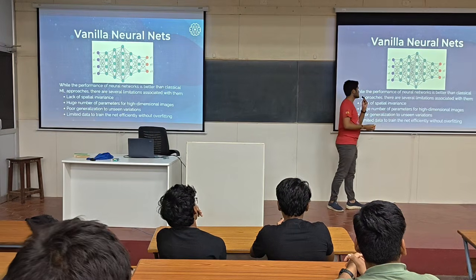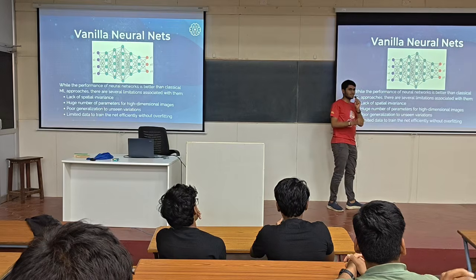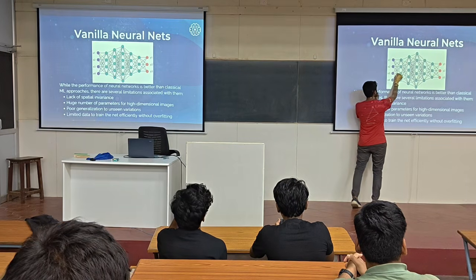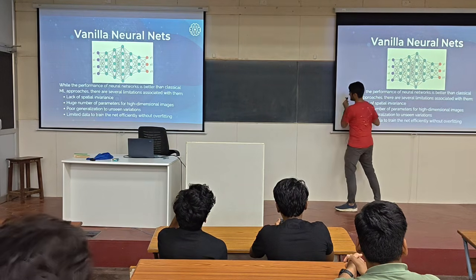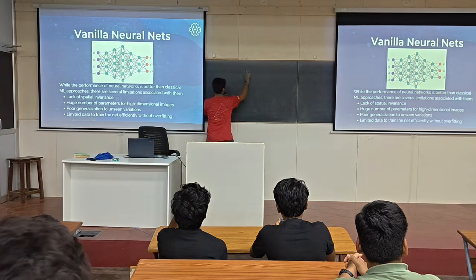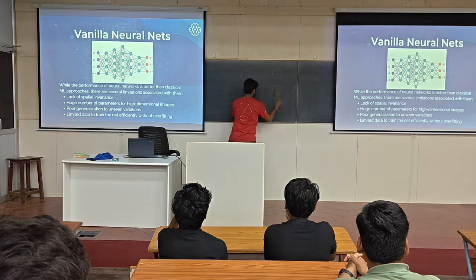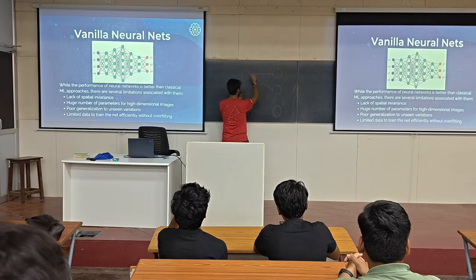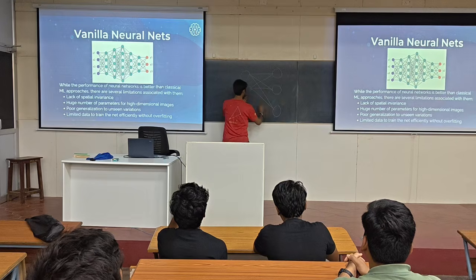Now how you use a neural network is you give an input. Now that input will pass through each of the layers. So what do I mean by pass? Wherever you see these edges, say there are edges connecting each neuron in the first layer to each neuron in the second layer.